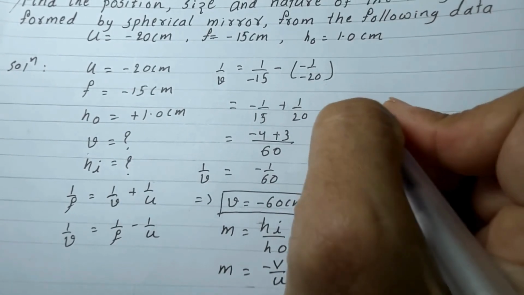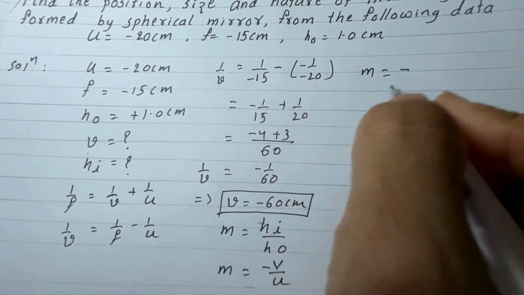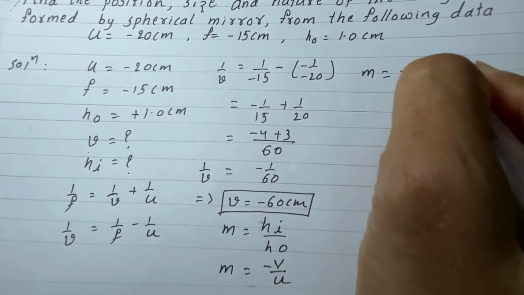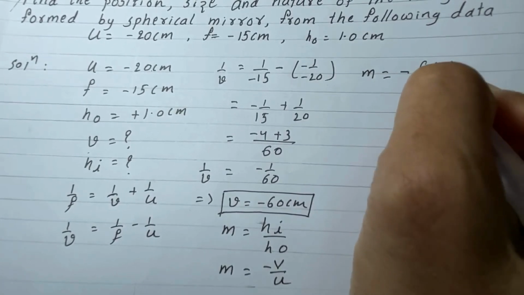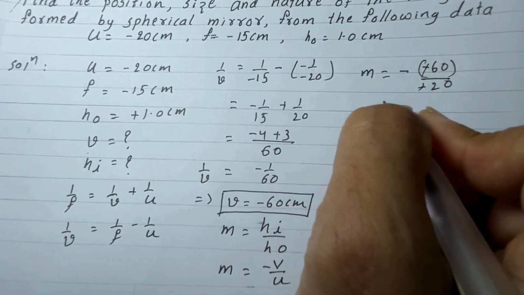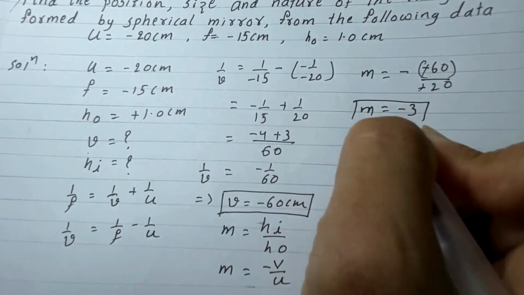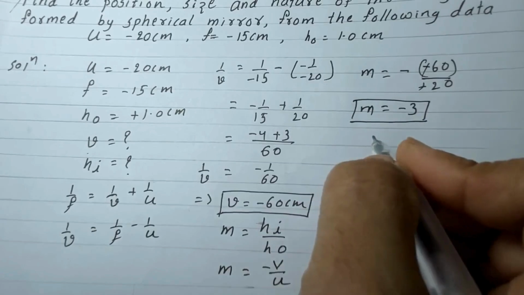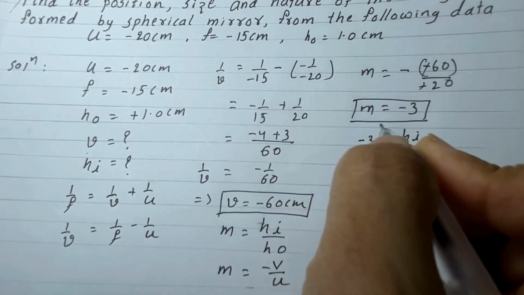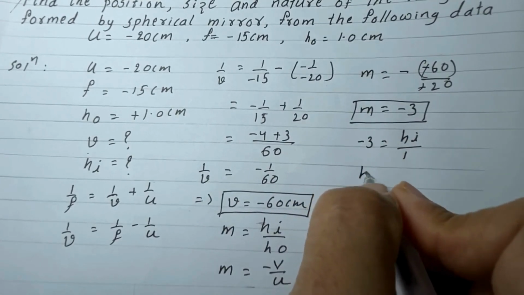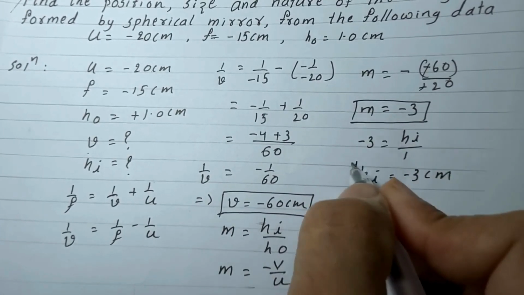So now m is equal to minus image distance, which is minus 60, by object distance, which is minus 20. So this is equal to minus 3, m is equal to minus 3, and substitute that value in this equation. Minus 3 is equal to hi by ho, where ho is 1 centimeter. From that, hi is equal to minus 3 centimeters.